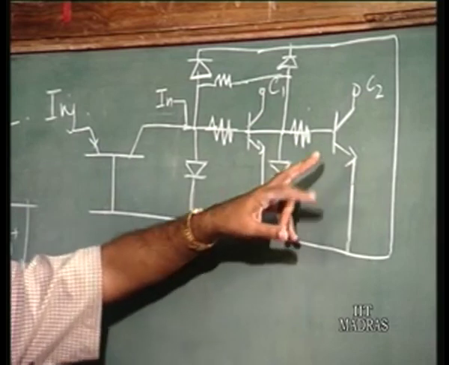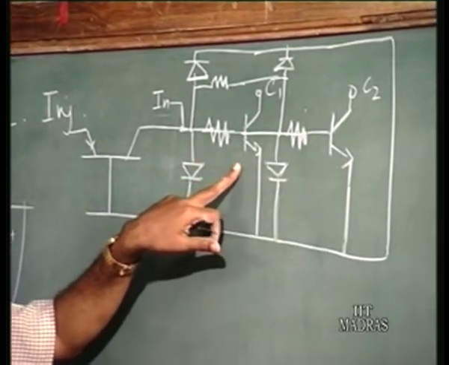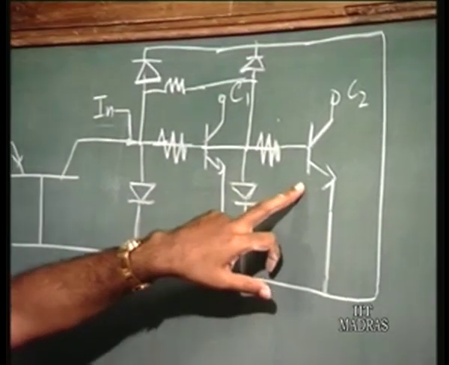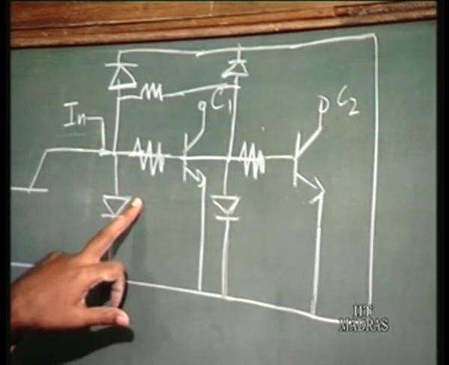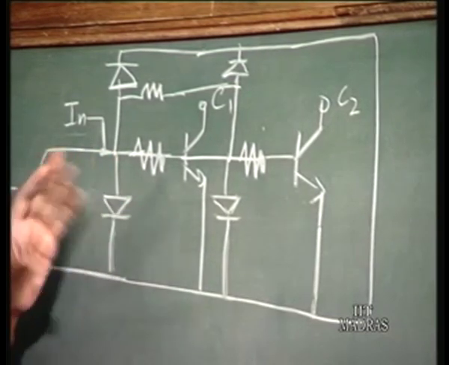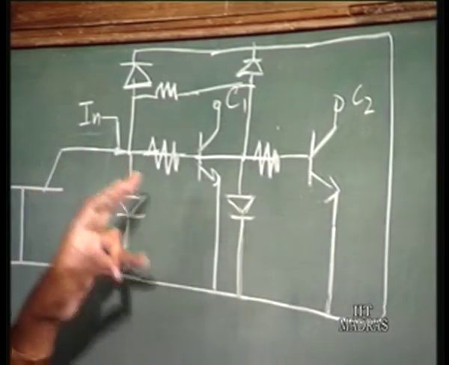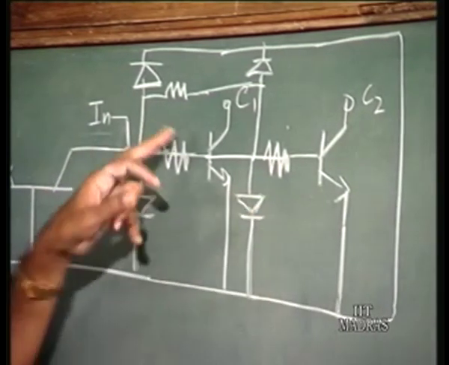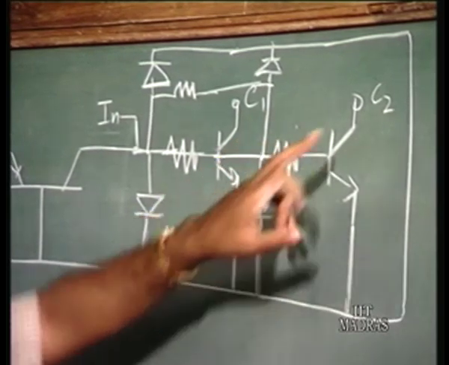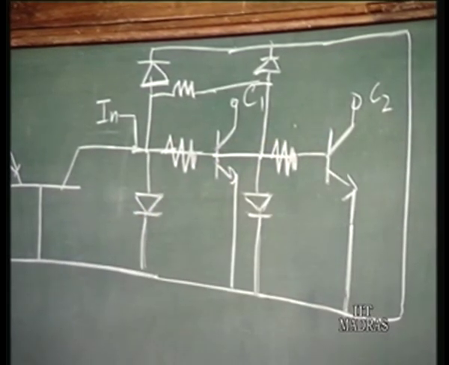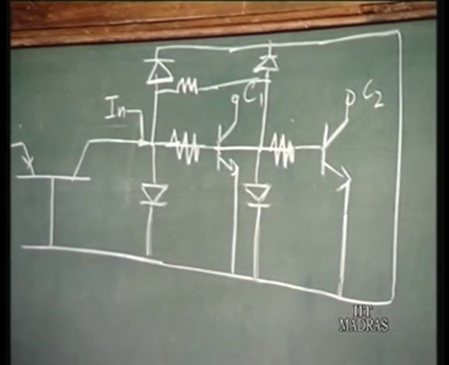But you see that this transistor is not going to behave in a similar fashion as this transistor. It is going to have less base current compared to this transistor. So even though it should work through our analysis, it may not work because collector C1 may go to saturation, but the other transistor may not go to saturation. So this could be the problem.